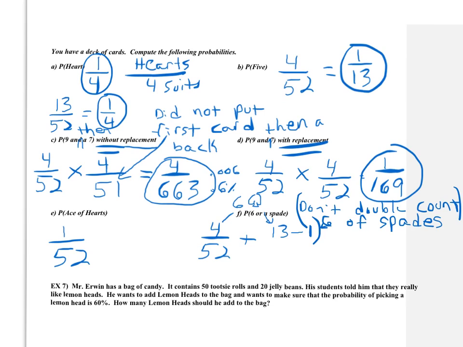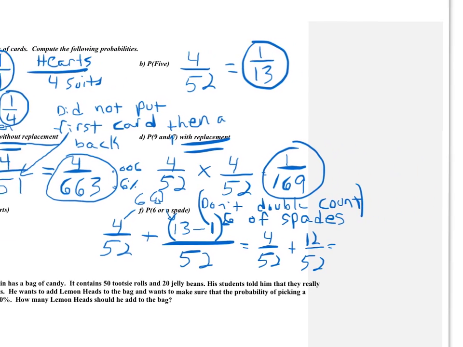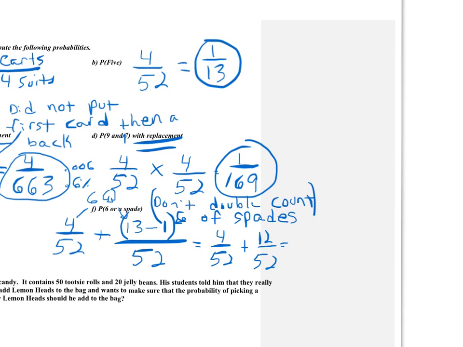We cannot double count the 6 of spades. Still going to be 52 though, because again, we're only drawing once. So that would equal 4 out of 52 plus 12 out of 52. When you add and then reduce, it will give you 4 out of 13.